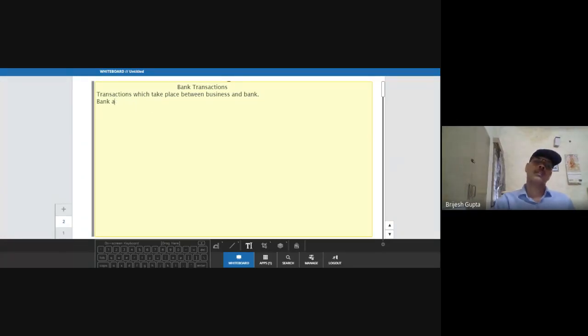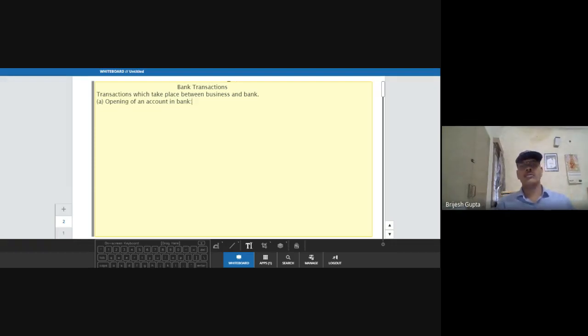The relationship between bank and business begins with the opening of an account in the bank. Otherwise bank has no relations with us.